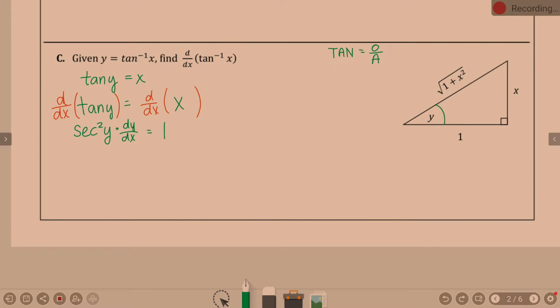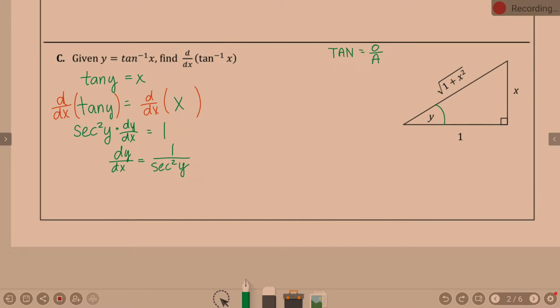So if we're going to solve this, dy dx is going to be 1 divided by secant squared of y, right? Now, which way do I want to go with this? Which way do you guys want to go with this?